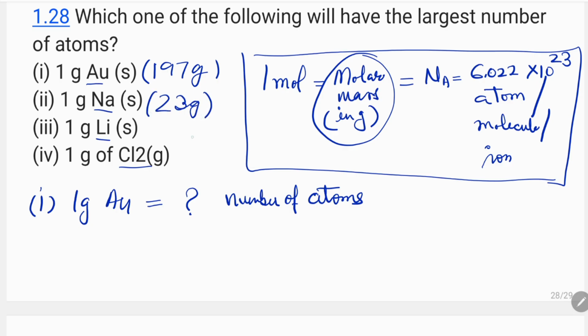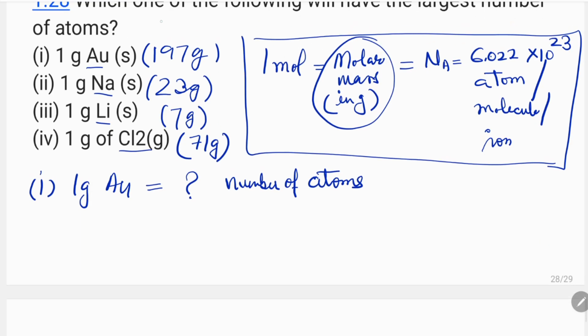For lithium it is 7 gram, and there are 2 chlorine atoms. For 1 chlorine atom it is 35.5, so for 2 it is going to be 71 gram. All right, so we are going to use these masses. These all are molar masses.